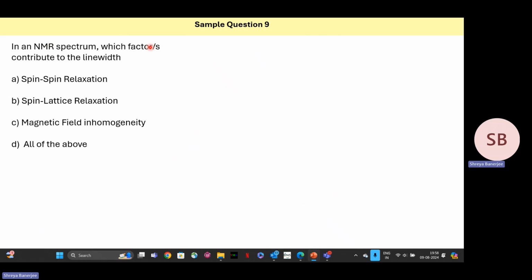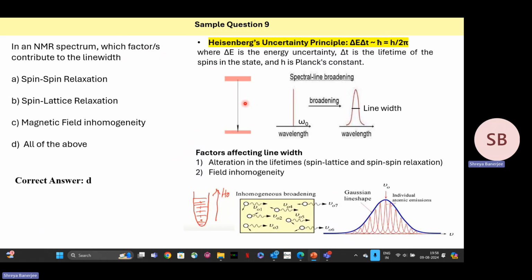Then you have the question that what factors contribute to line width. This is something we have discussed in a lot of detail in the previous class. Basically, the factors contributing to line width is, first of all, the lifetime in the excited state. And the lifetime in the state can be affected by spin lattice relaxation or spin-spin relaxation.